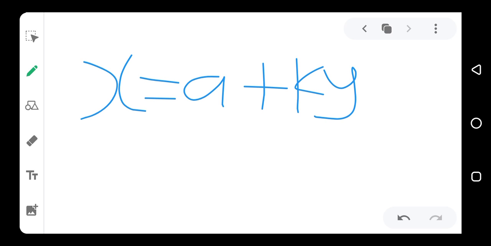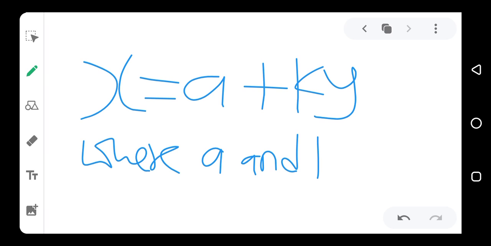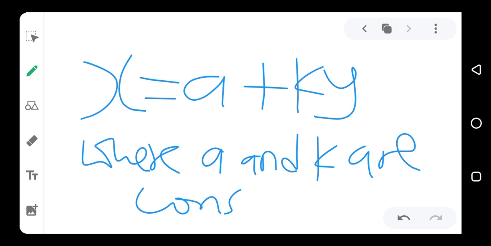Now what it means is that in partial variation, we always have two constants. The first constant is there without any variable attached to it. This a, there's nothing attached to it, there's no variable to it.